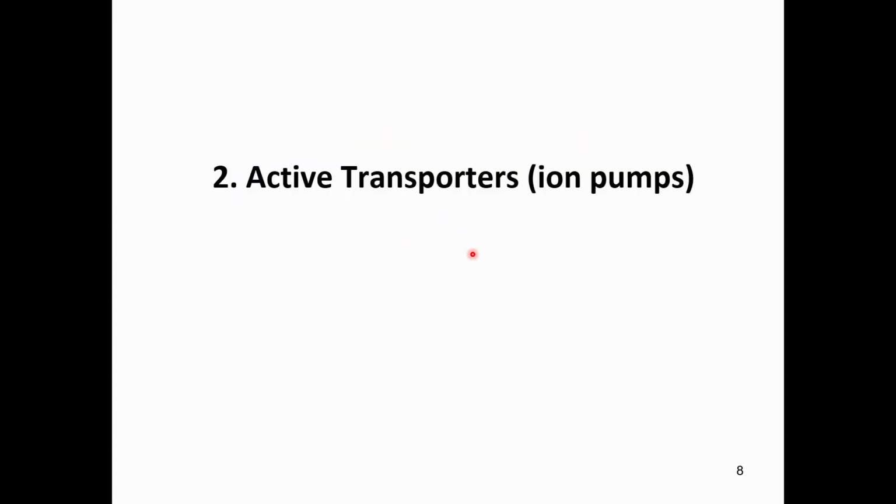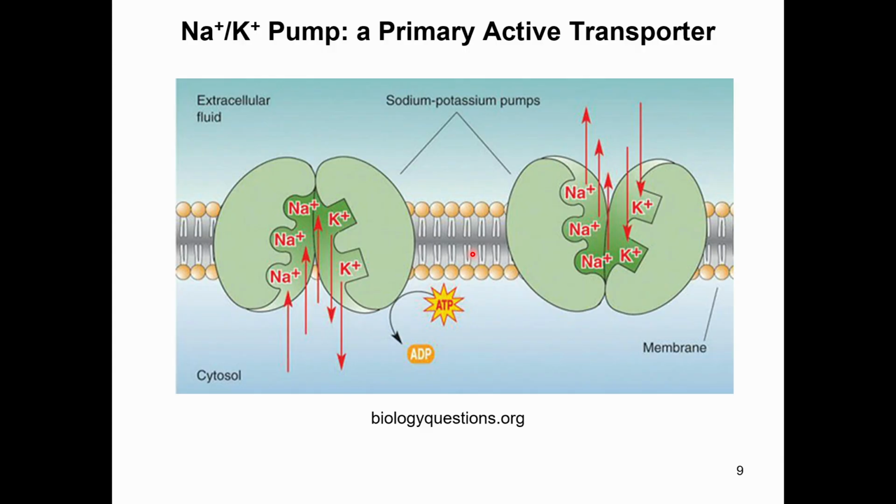Let's get into this. Active transporters. We've already seen this one, ion pumps, especially like the sodium-potassium exchanger pump. You can think of it actually as a transporter, but you remember that that is the one that exchanges sodium and potassium, and that we talked about actually on Monday.